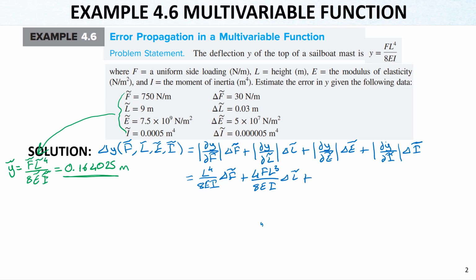plus here in terms of E, the partial derivative becomes FL to the power 4 divided by 8E squared I, delta E, plus here FL to the power 4 divided by 8EI squared, this time because it is partial derivative in terms of I, and delta I. So here we simply know that these are also the predictions.